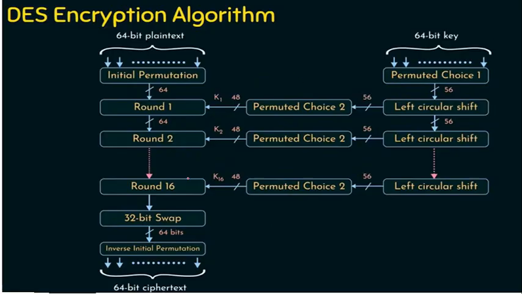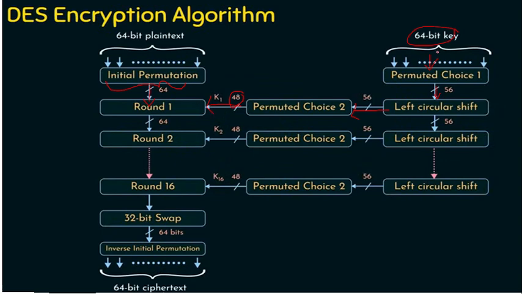This is the overall diagram of DES. As I told you, we have an initial permutation where we take 64 bits, and this is the 64-bit key that is converted into 56 bits. That 56-bit key is converted into 48 bits, and that 48-bit key is used in each round. 16 rounds, each with its own key.